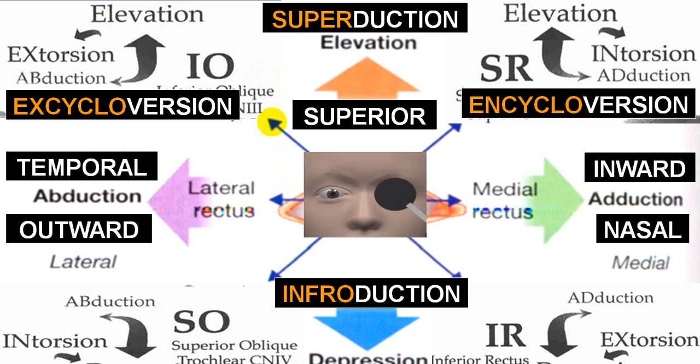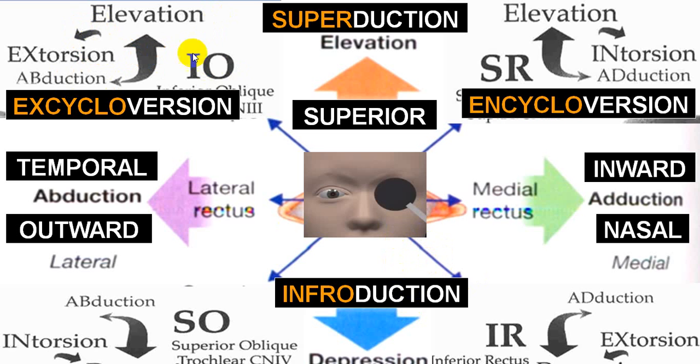Now if we go through the movement of medial rectus and lateral rectus, medial rectus is pure adduction, lateral rectus is pure abduction, but superior rectus will have elevation plus adduction, while inferior rectus will be downwards and adduction, while inferior oblique will have elevation, abduction and extorsion.